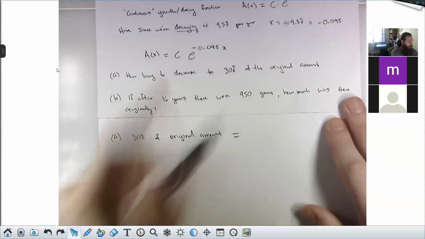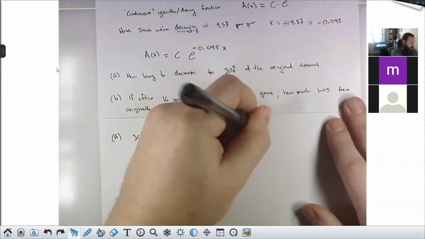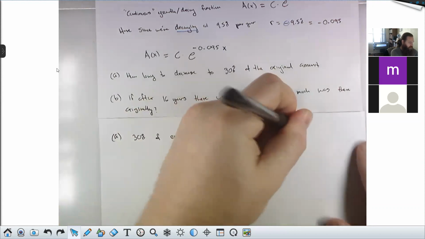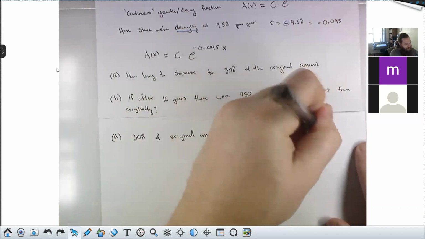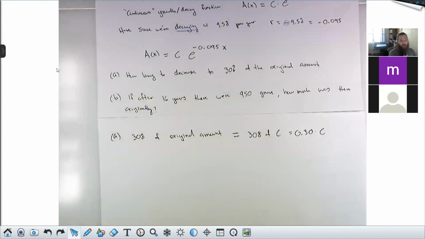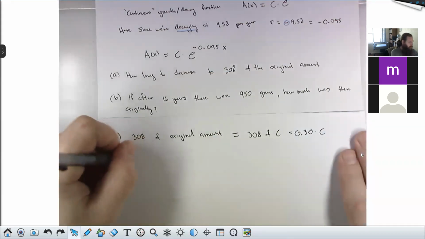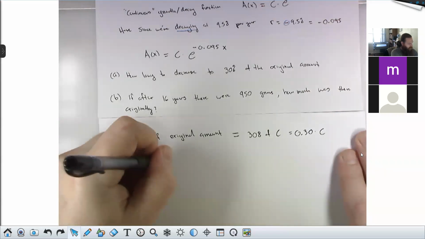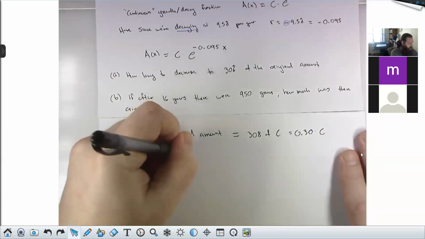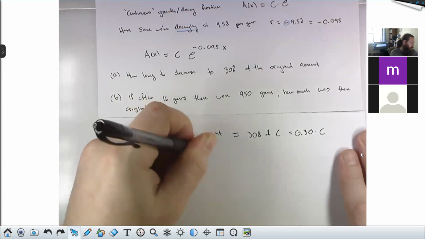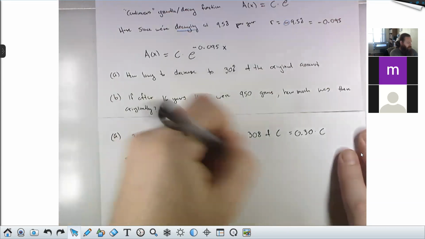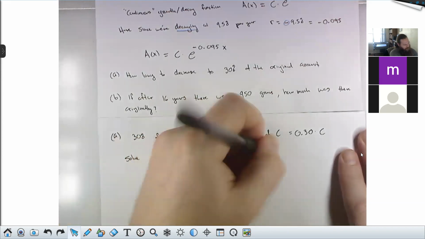So 30% of that is 30% of C, or 0.30 times C. So if I want to know how long it will take for this substance to decay to 30% of the original amount, I need to know when this function is equal to this. So I need to solve the equation C times e to the negative 0.095x equals 0.30 times C.